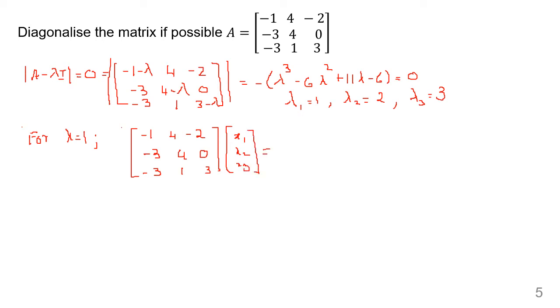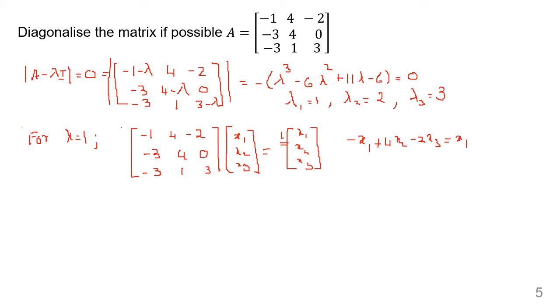It is equal to 1 into x1, x2, x3. Lambda is 1, so we have taken here as 1. Simplifying this equation, we get minus x1 plus 4x2 minus 2x3 is equal to x1.